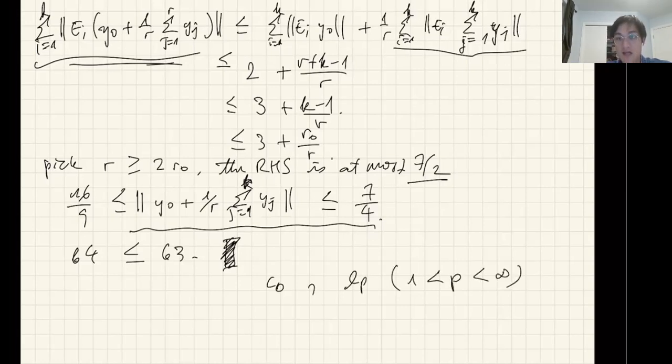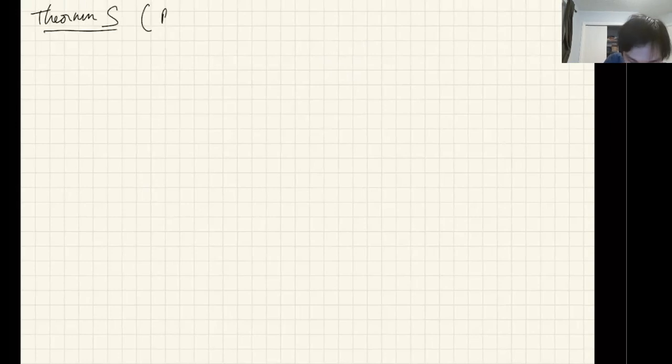We still need to show that these don't embed into T. And to do that, we're going to use something called the Bessaga-Pelczynski selection principle. And that says the following. It's a theorem called S for selection, and it's by Bessaga and Pelczynski.